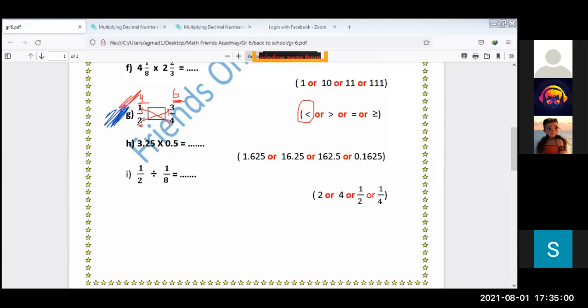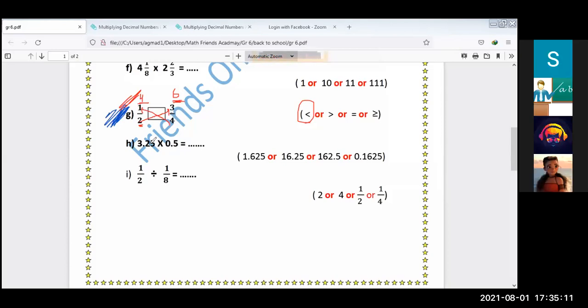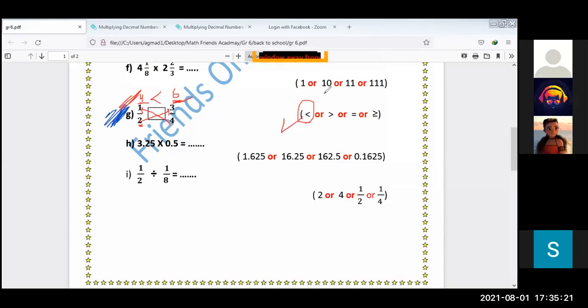You can use it if you want to compare between any two fractions, improper fractions or proper fractions. So which one is greater, 4 or 6? Here it will be the same answer as we chose before.